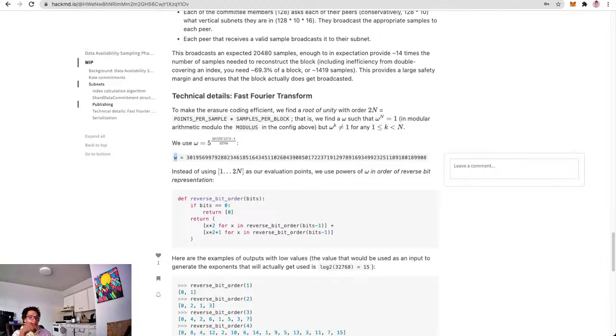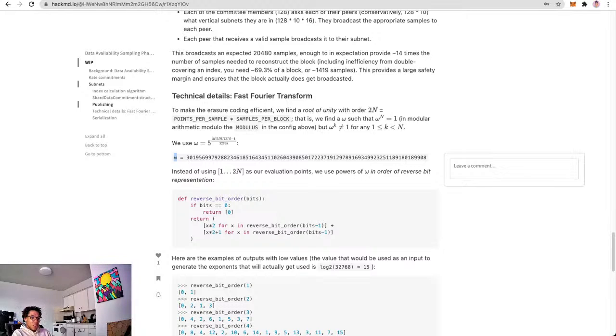Okay, so to make the erasure coding efficient, we find a root of unity with order 2n, where 2n equals points per sample times samples per block. That is, we find a W such that W to the power of n equals 1, in modular arithmetic modulo the modulus in the config above.